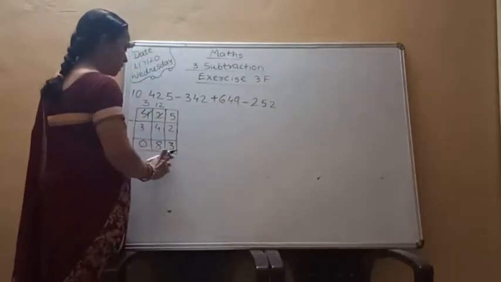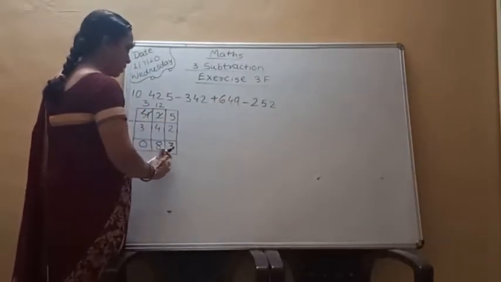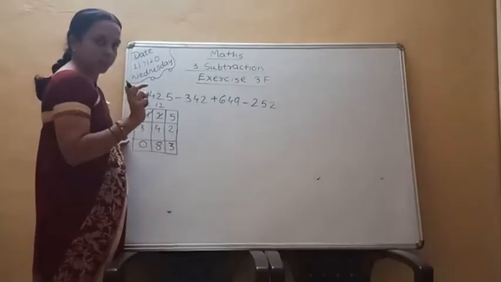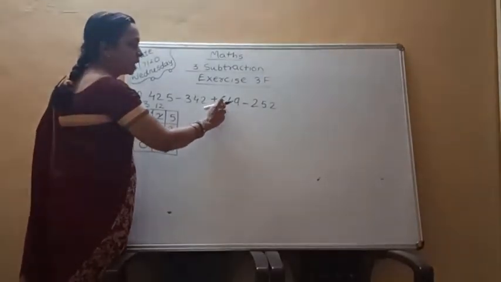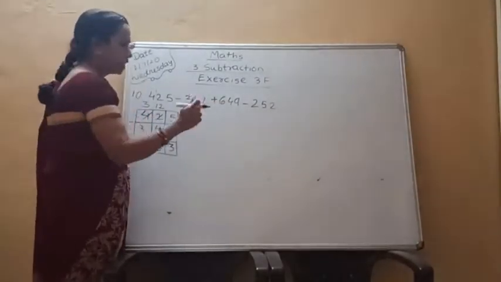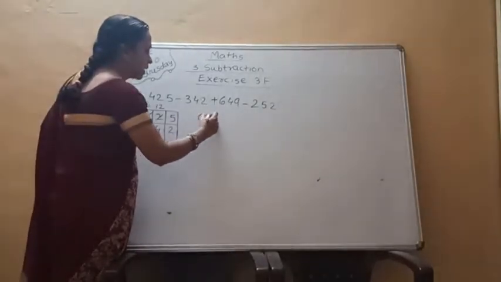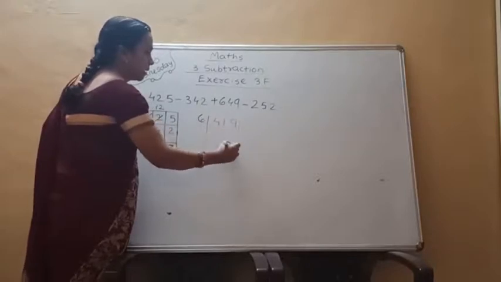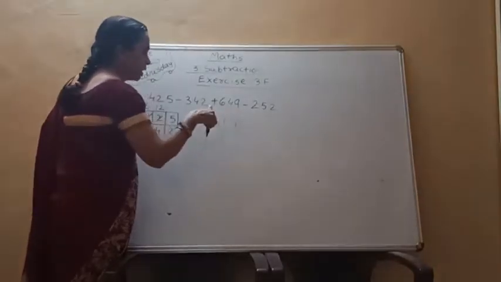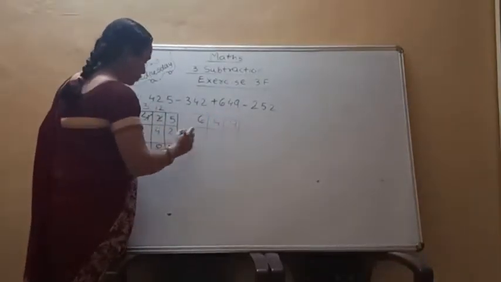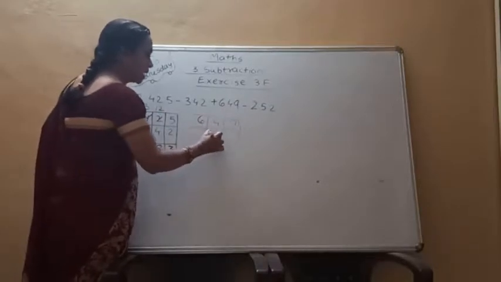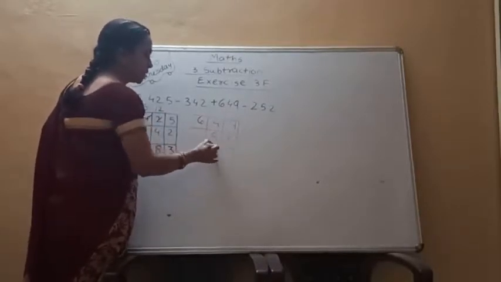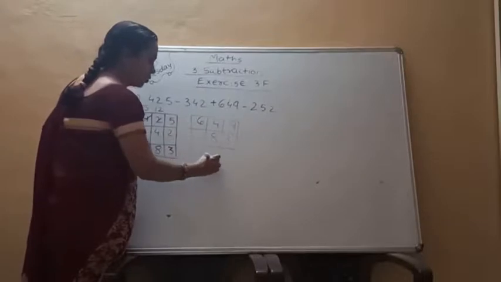Now see 649 plus 83. So 83 is having only 2 digits and 649 having 3 digits. So we will write first 649 because it is having 3 digits. And now we will write 83 because it is having only 2 digits.